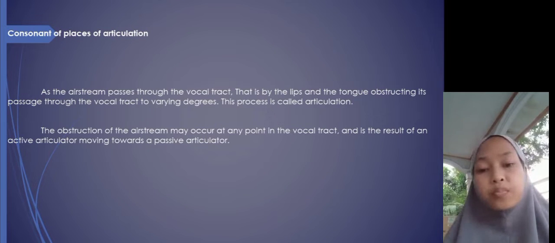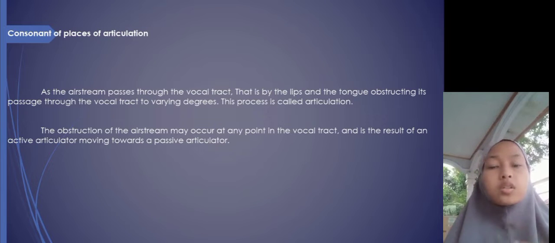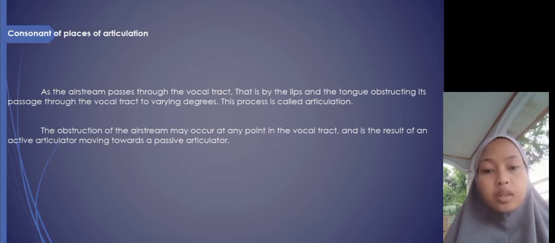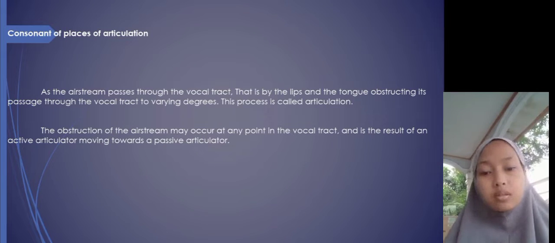And the fifth, the gap between the vocal cords is called the glottis and can be either closed, so there is no air passing through, or partly open.